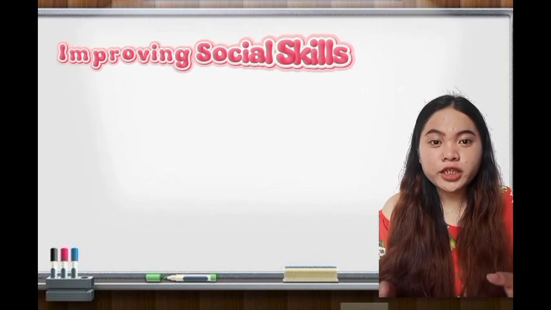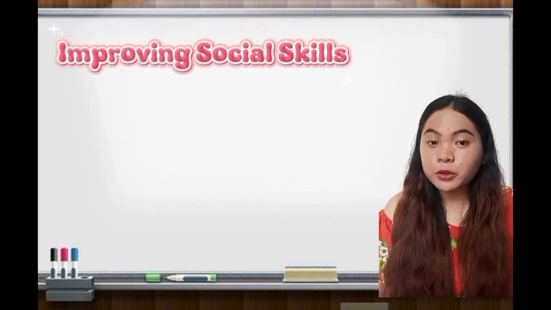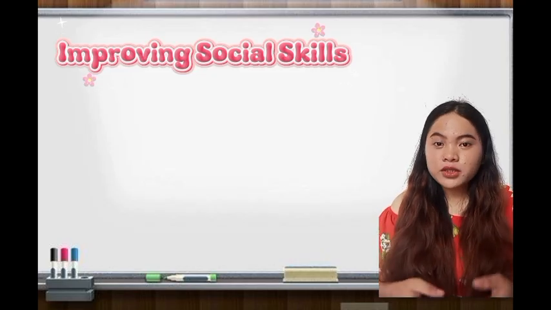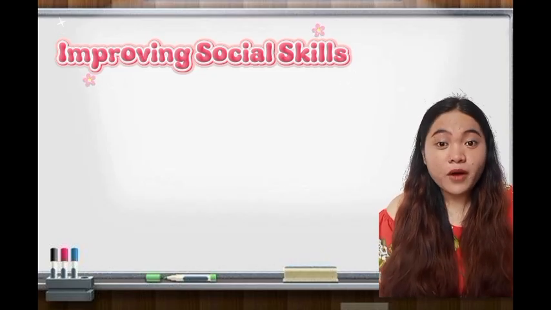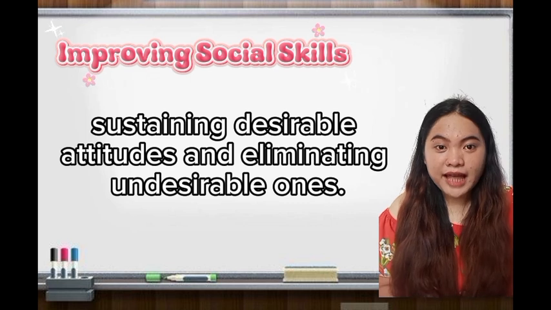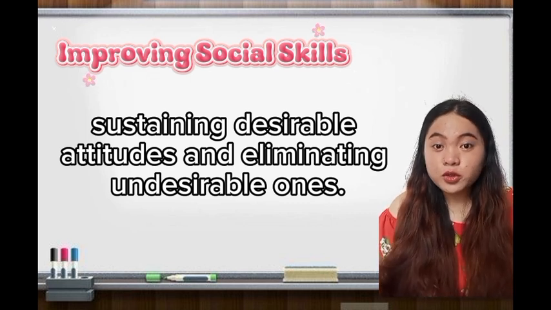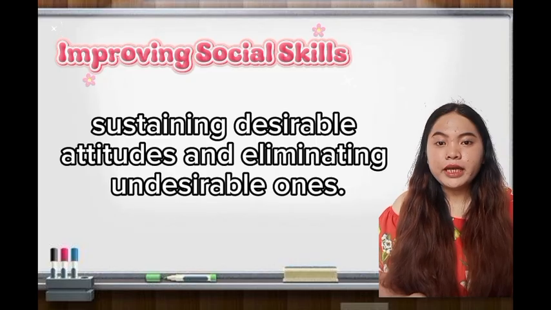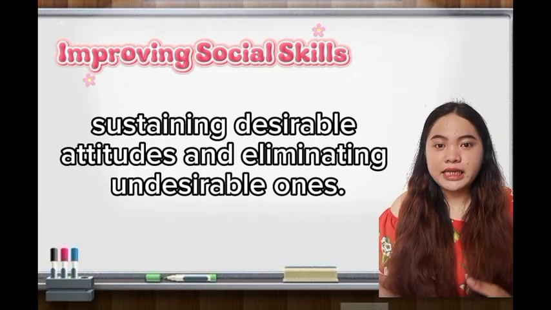The question is how to improve social skills. Well, social skills can be improved by focusing on sustaining desirable attitudes and eliminating those undesirable ones through modeling, role playing, and performance feedback mechanisms.